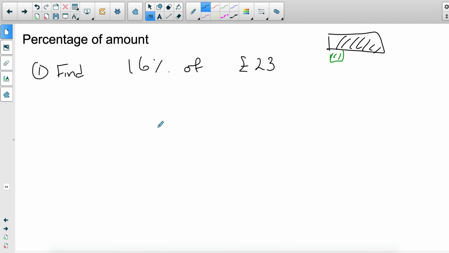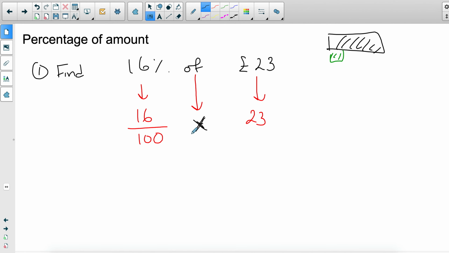The quick calculator method is basically converting this worded phrase into a mathematical sentence. This will turn into 16%. The most important part is the "of" turns into a multiply, and then your 23 just stays at 23.